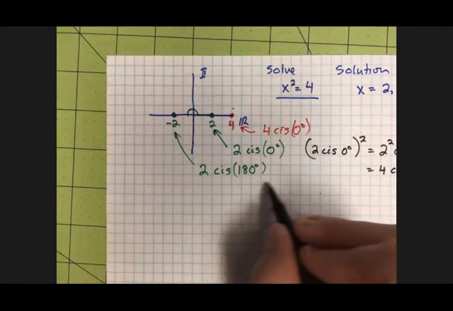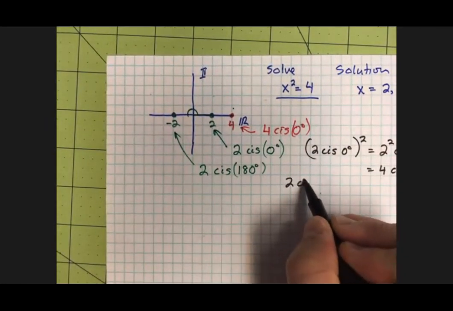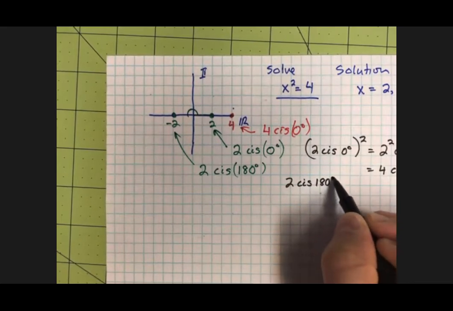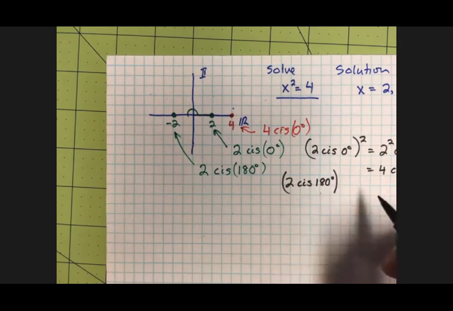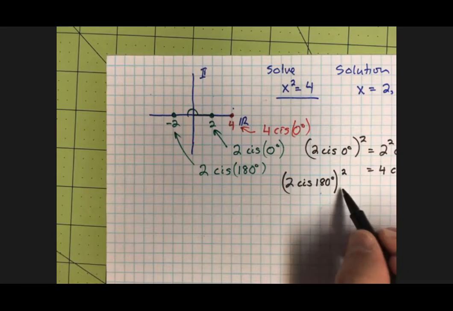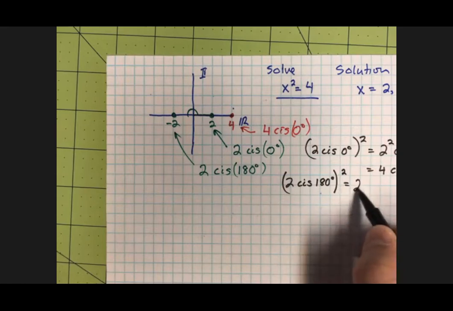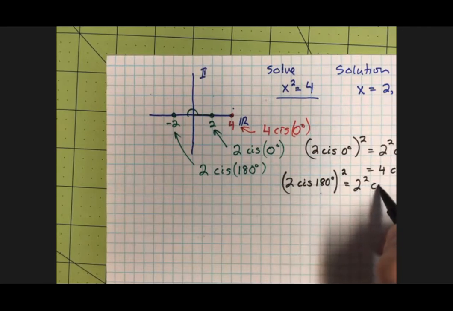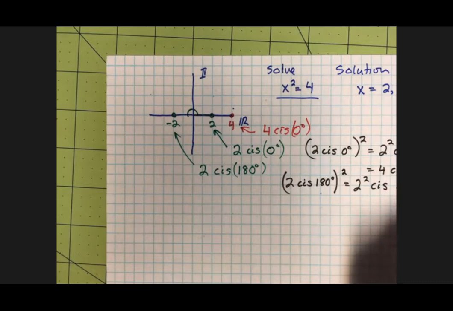How about squaring this number? 2 times the cosine theta plus i sine theta of 180 degrees. What happens when I square that? Same thing as before. I square the 2 and I multiply 180 by 2. Cosine of 2 times 180 plus i sine of 2 times 180.